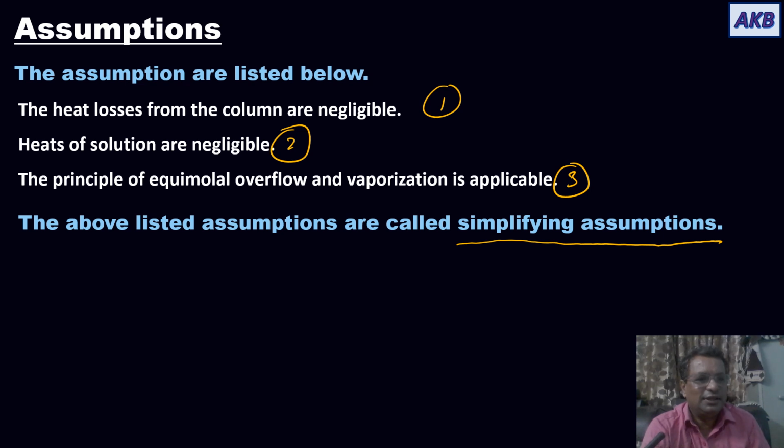You have to remember these assumptions, and if possible, you should also be able to tell what is the effect of each assumption. So I have discussed those three assumptions, and also their effects. In my next video lecture, I'll be continuing my discussion on the McCabe Thiele method.